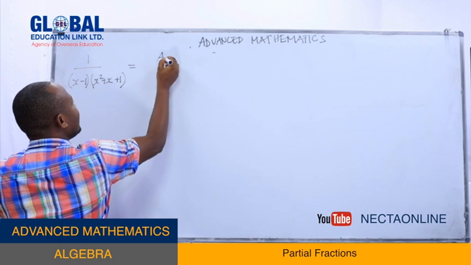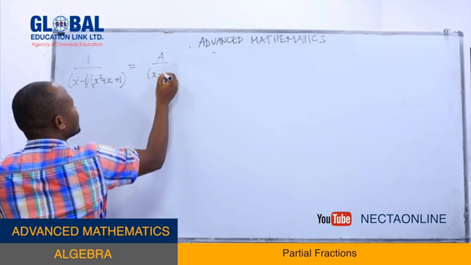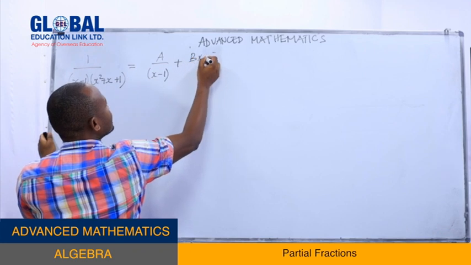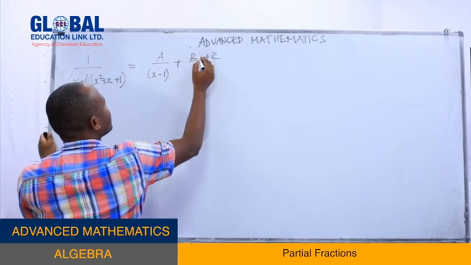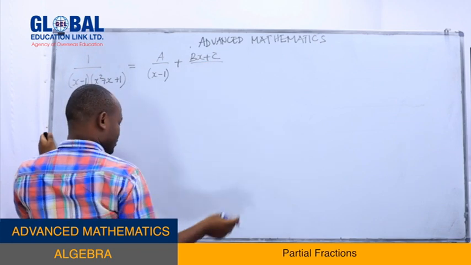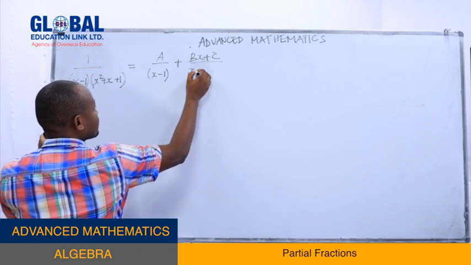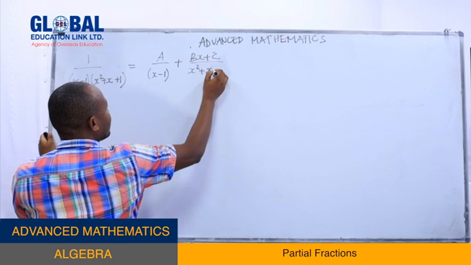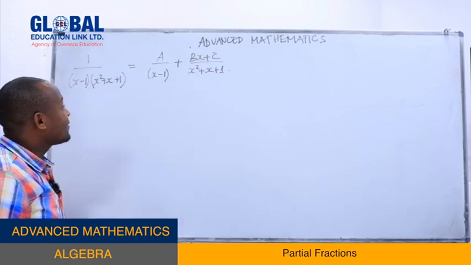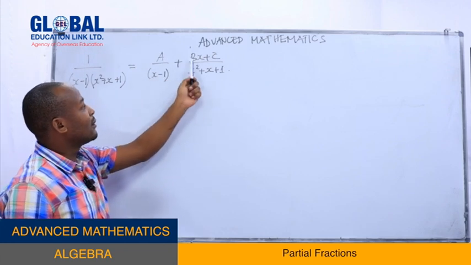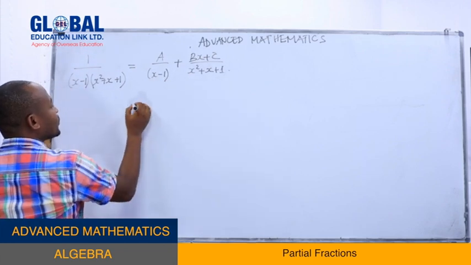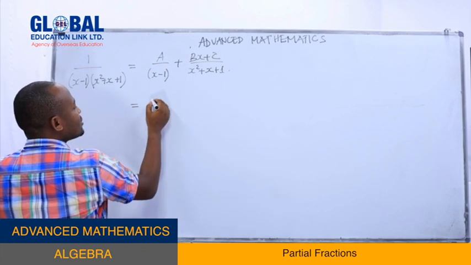It will be a over x minus 1 plus bx plus c over x square plus x plus 1. Then after that, we are supposed to find the value of a, b, and c. Let's check that out. Let's add those.